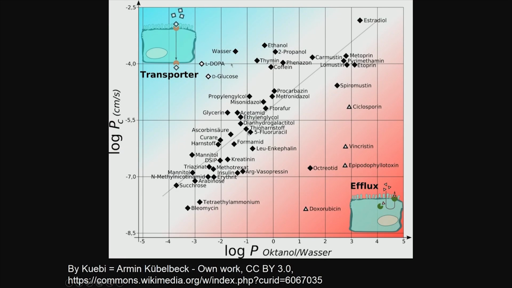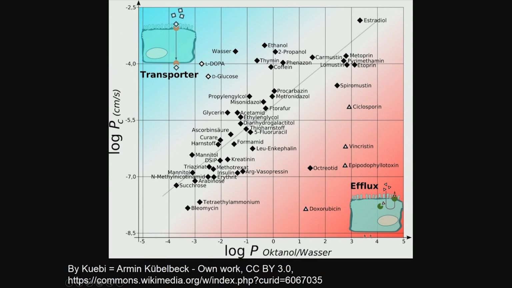Log P also plays a very important role, as I said, in permeability or diffusion. This is data which was taken from this reference, so we have to acknowledge it.